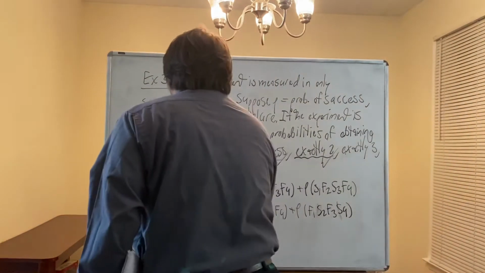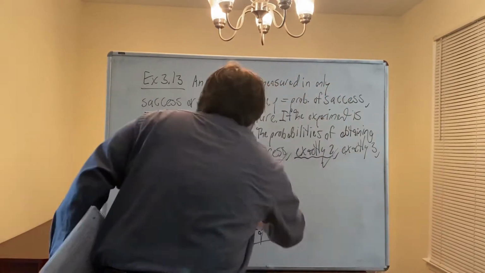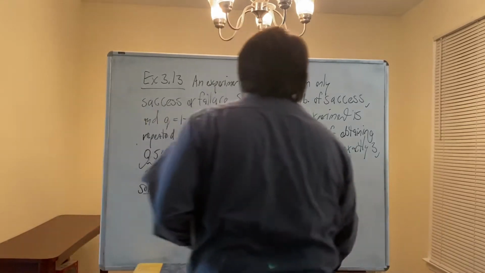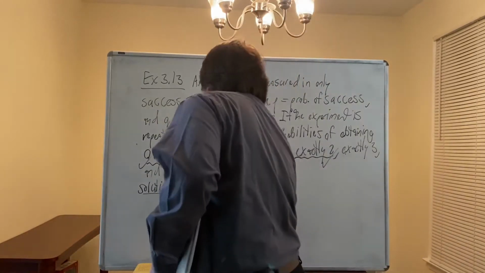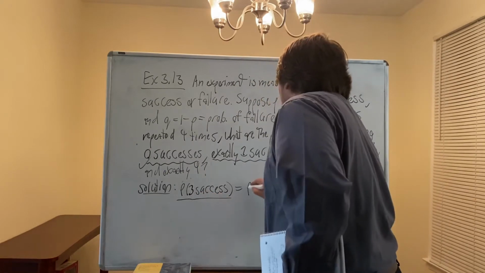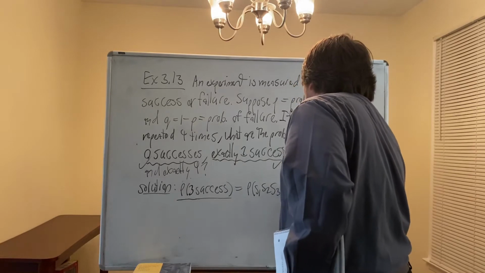So the next one is the probability of 3 successes. So the probability of exactly 3 successes. That's the probability where you succeed in the first one, succeed in the second one, succeed in the third one, and fail in the fourth one.